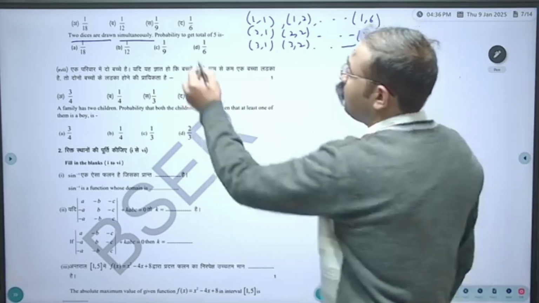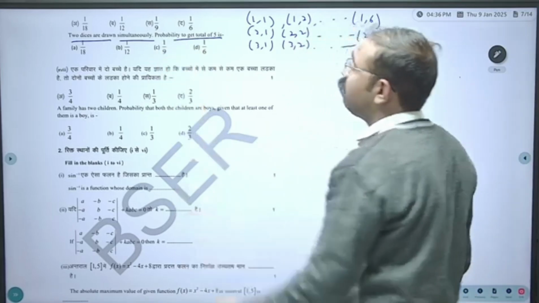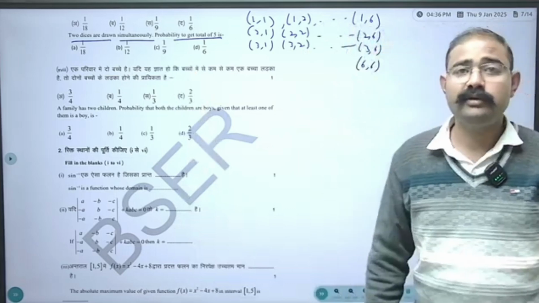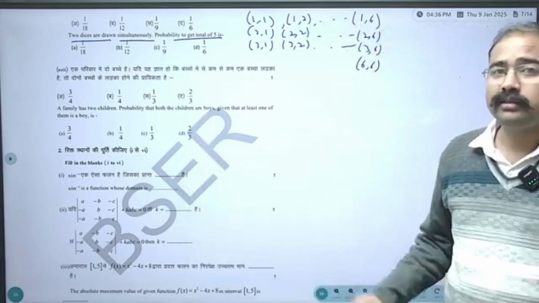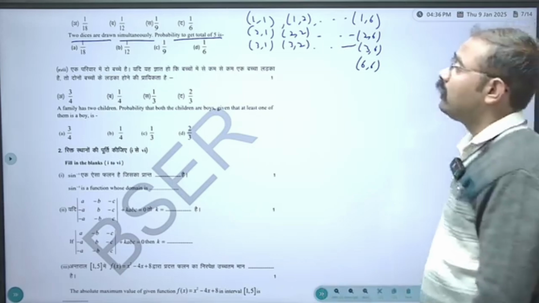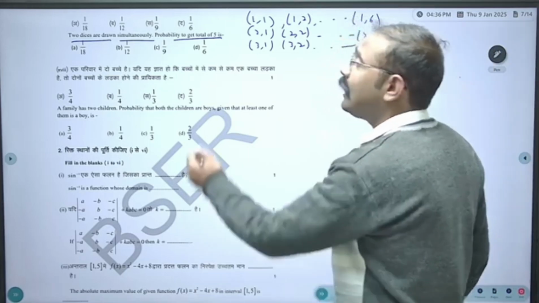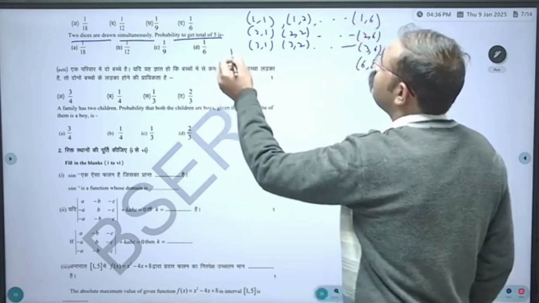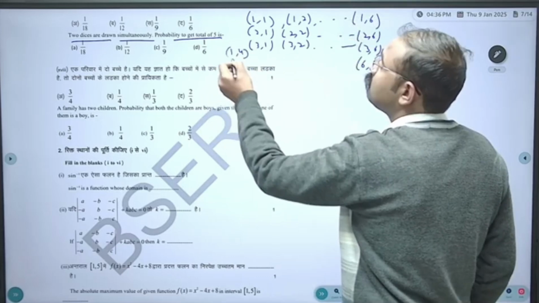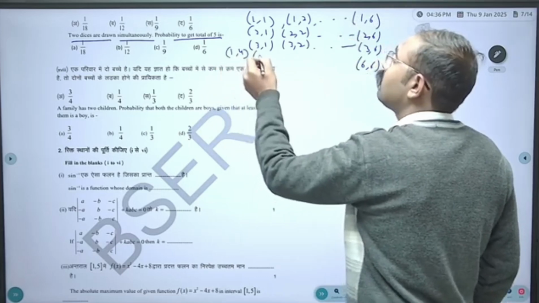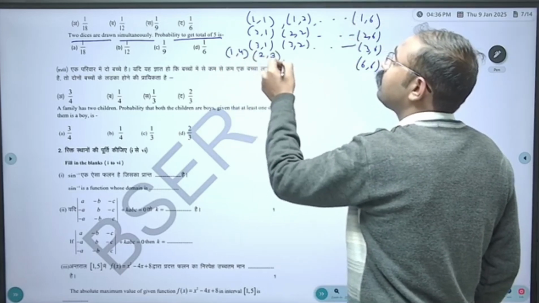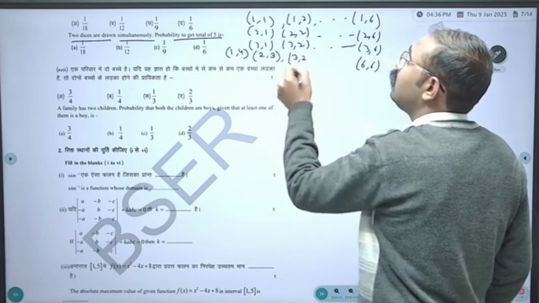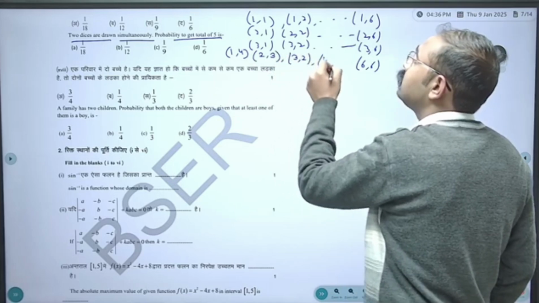So probability to get total of 5 means on the faces of both dice the sum of numbers is 5. Now in how many ways we can get sum as 5? Suppose on first dice 1, on second 4, on first 2, second 3, on first 3, second 2, and on first 4, second 1.